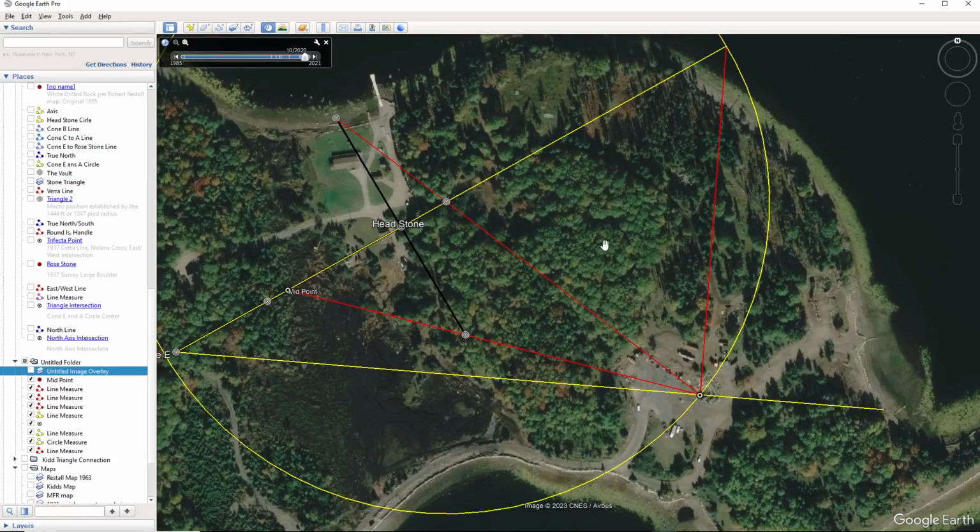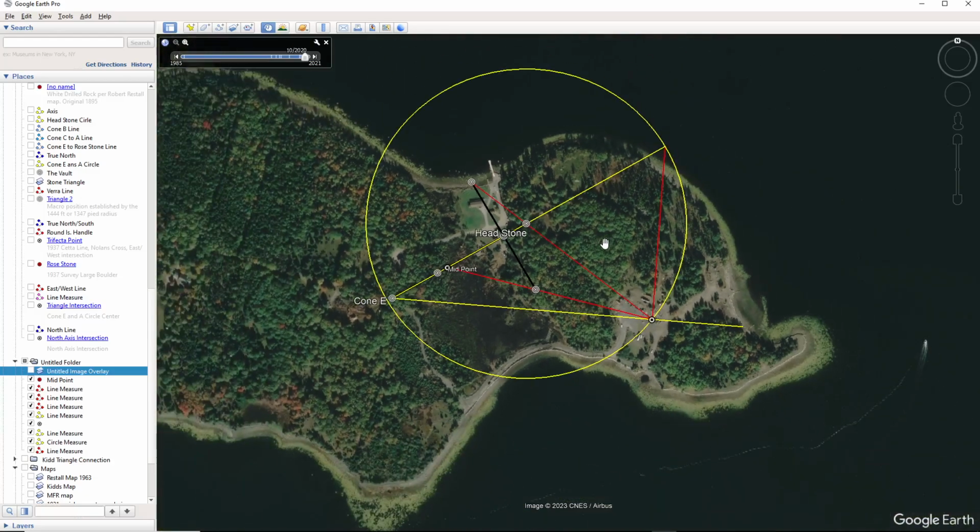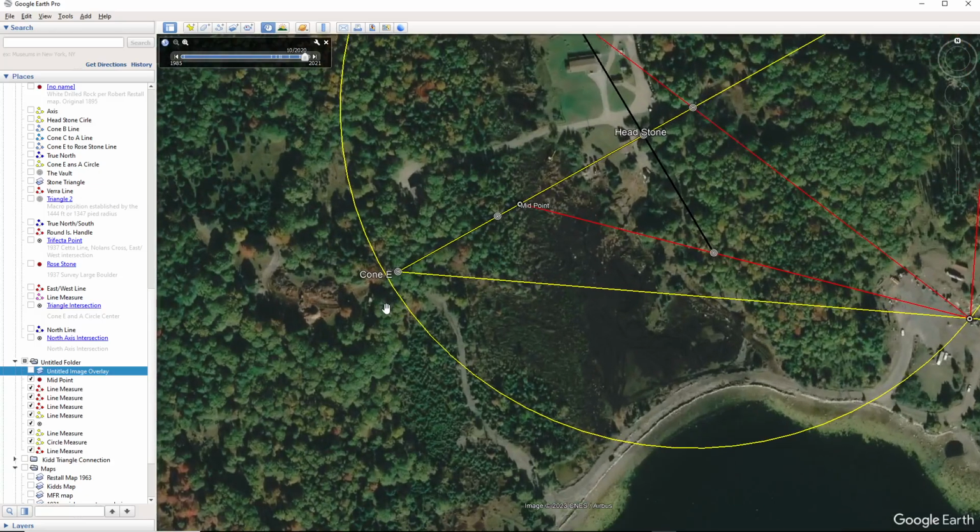Now we'll have to watch and see if he explains how the rest of this geometry works, but I'm just guessing that this is going across, intersecting here from cone E, and then it goes up somewhat 90 degrees. It wouldn't be exactly 90 degrees geometrically unless this circle was running exactly through cone E, but it does not.